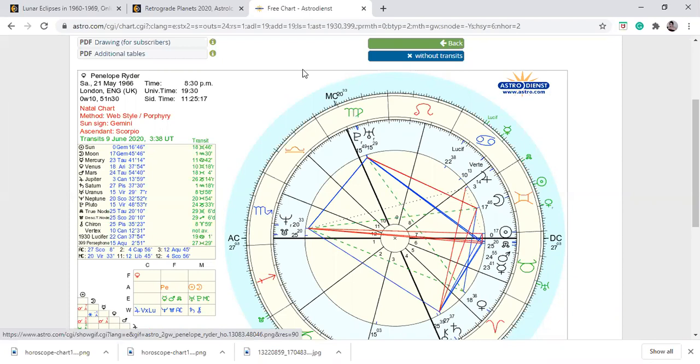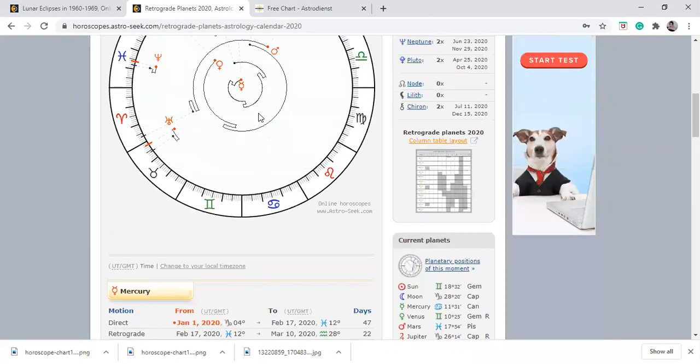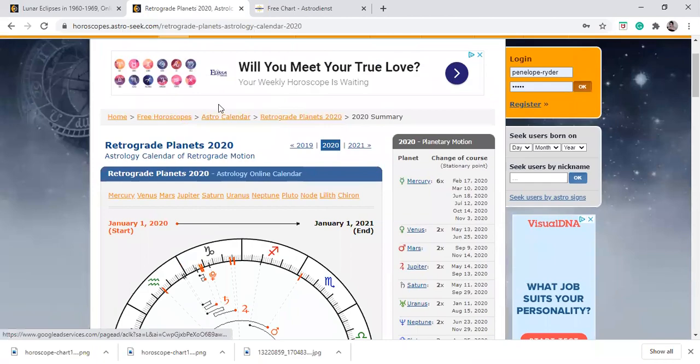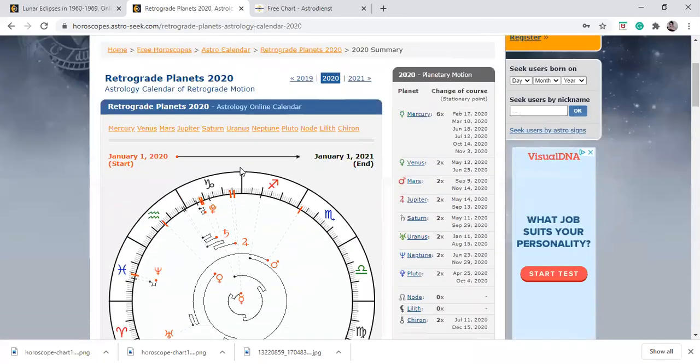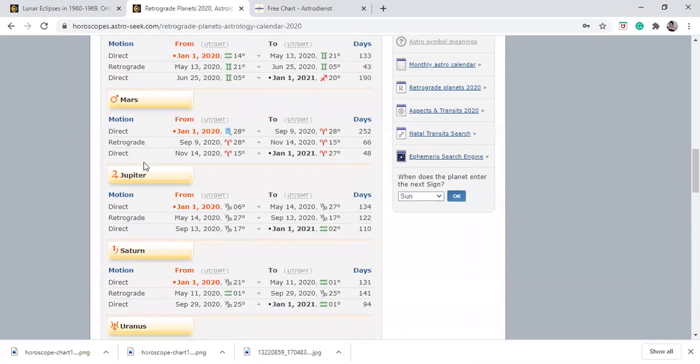And the other thing you can also do, which is great for learning your astrology, is go to the retrograde calendar on AstroSeek as well. This is retrograde planets for 2020. You can scroll down to see what planets are going retrograde and when. This is a very useful tool as well.